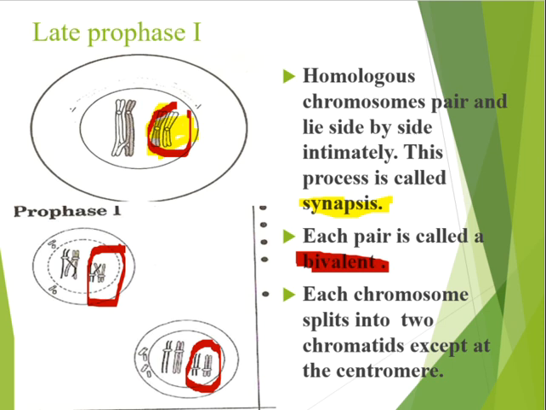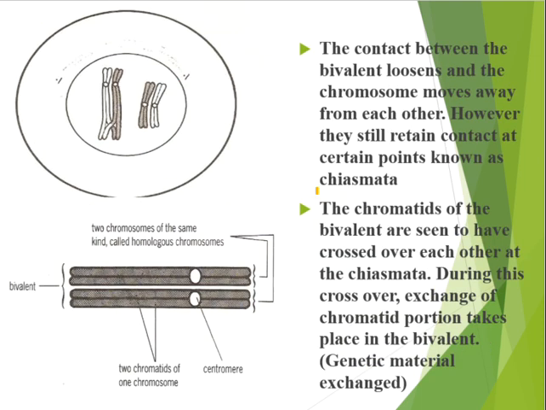And each chromosome splits into 2 chromatids except at the centromere. The contact between the bivalent loosens and the chromosomes move away from each other, however they still retain contact at certain points called chiasmata.